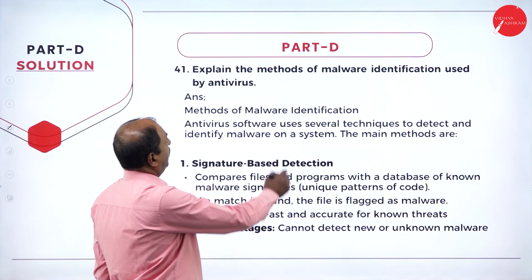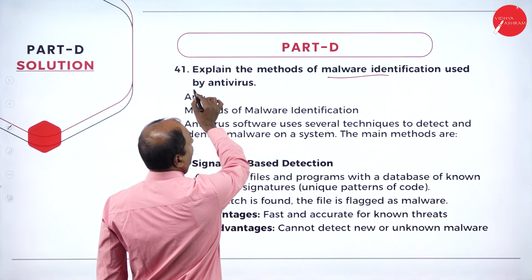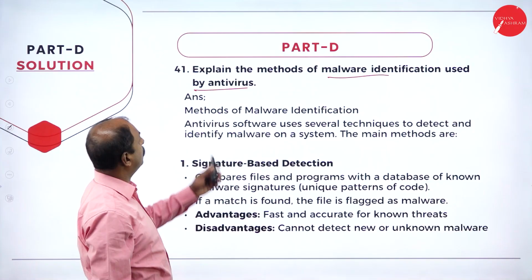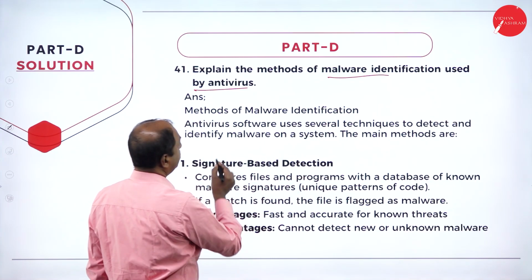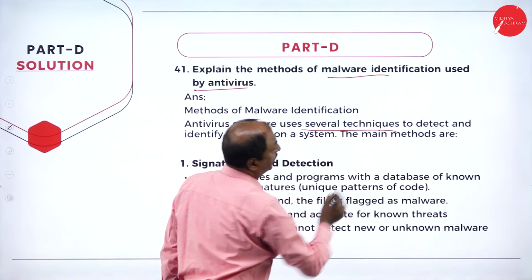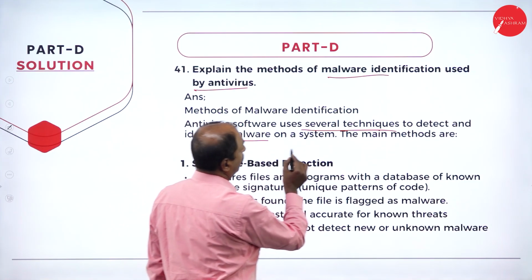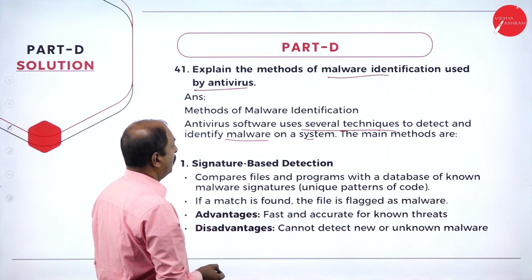Next one is: explain the methods of malware identification used by antivirus software. Now, here, answer: methods of malware identification. Antivirus software uses several techniques to detect and identify malware on a system. The main methods are the following.